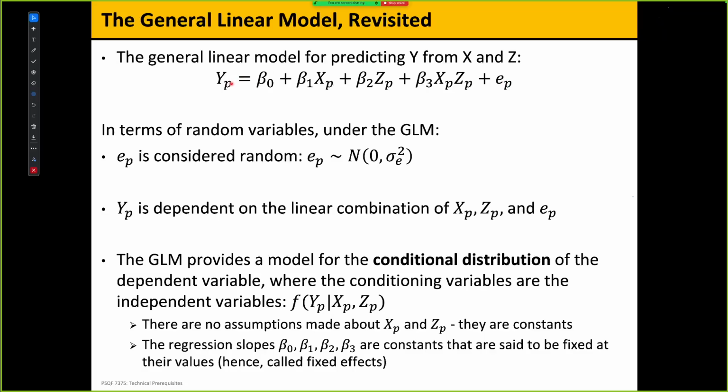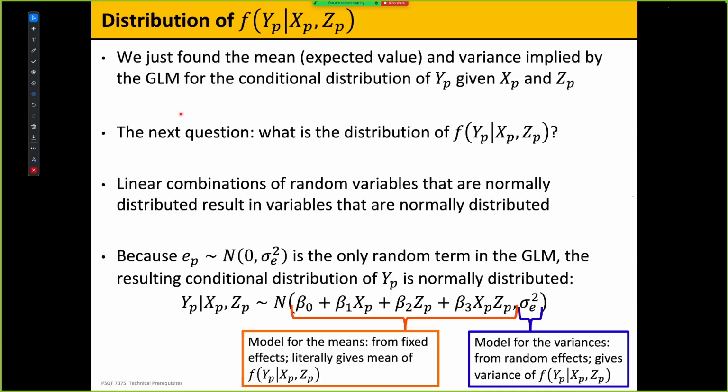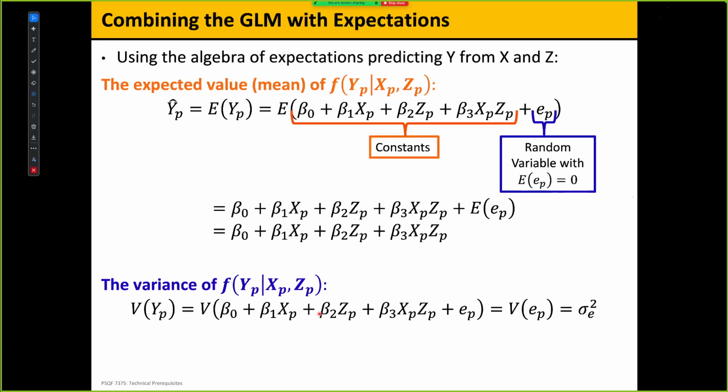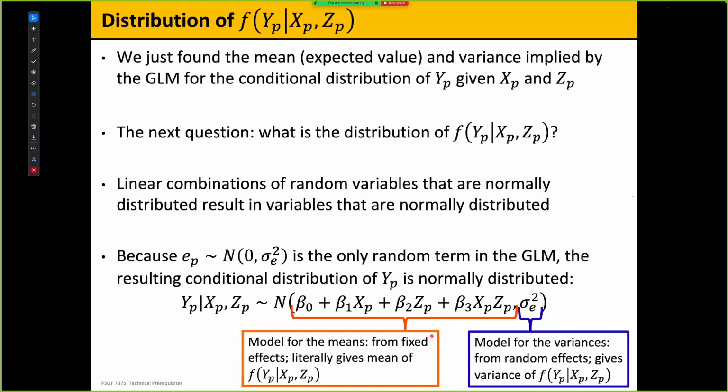Basically, we know the distribution of y given x has to be normal then. So if the distribution of y given x and z is normal, its mean and variance have to be what we just found by algebra of expectations. The mean of y is y hat. It shows up in our normal distribution as its mean. The variance of y is sigma squared e. It shows up in the variance spot of the normal.